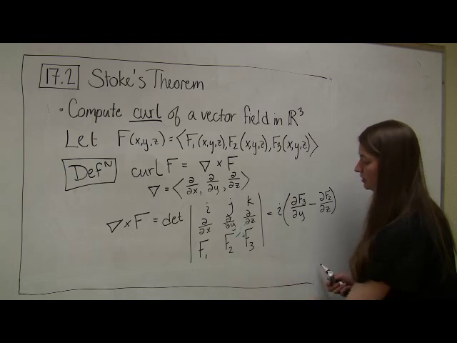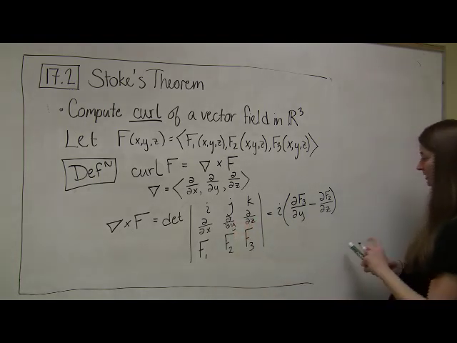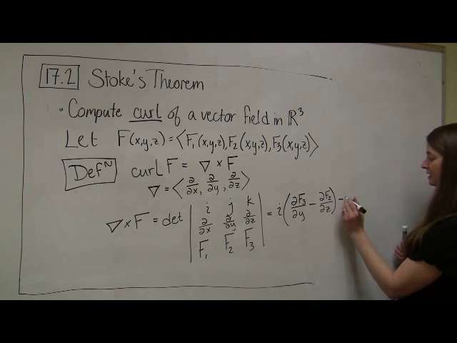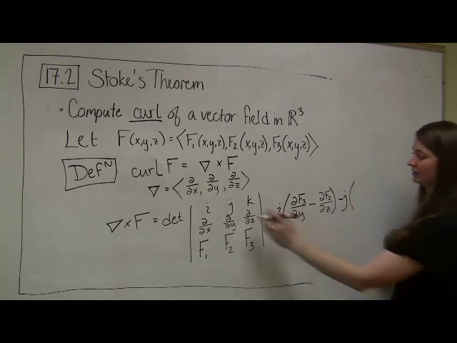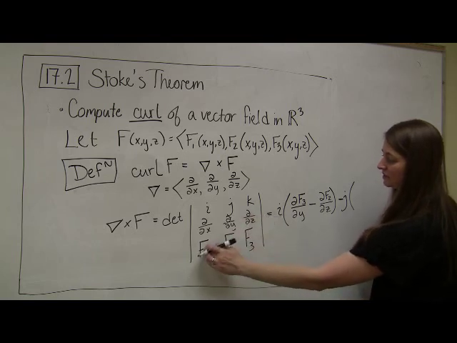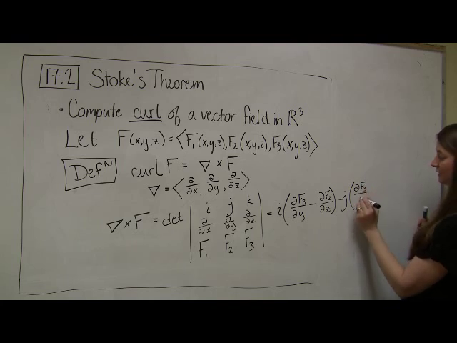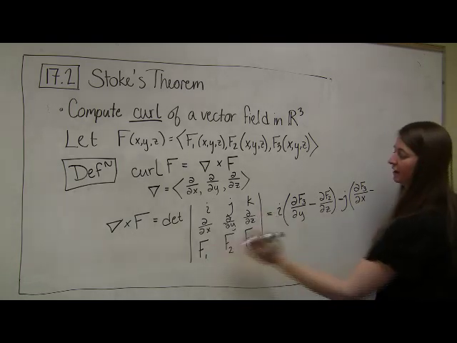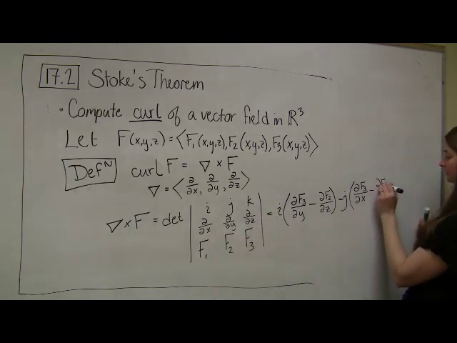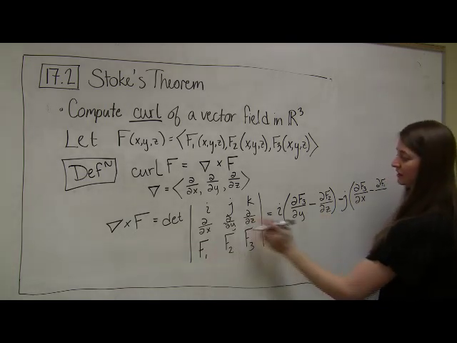So let's move on to our jth component. So our jth component is going to be given by the negative of j times this minus this times this. So in this case, it's going to be my partial derivative of f3 with respect to x minus my partial derivative of f1 with respect to z.